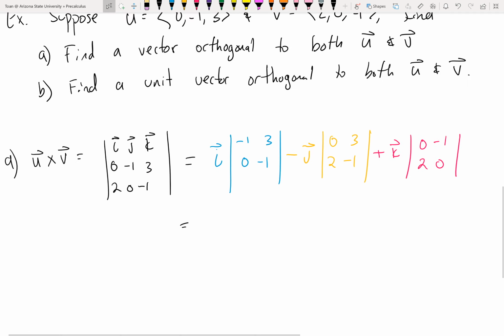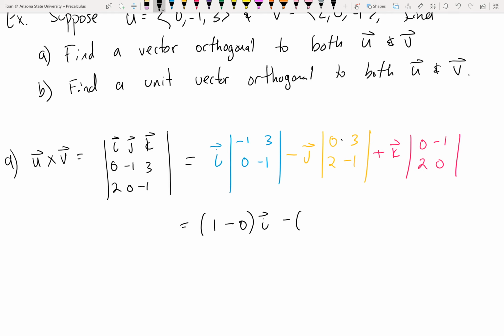And again, to refresh your memory on finding the determinant of a 2x2 matrix, it's sort of this crisscross subtract business. So you multiply these two guys here. So that -1 times -1 is +1. And then you minus the other product here. 3 times 0 is 0. And that's attached to your i.